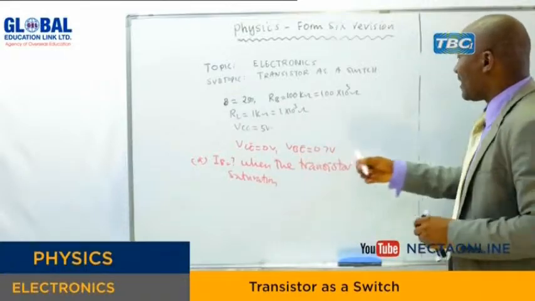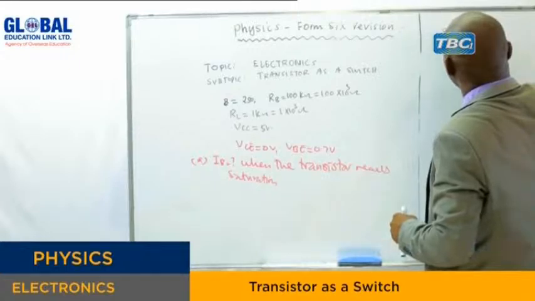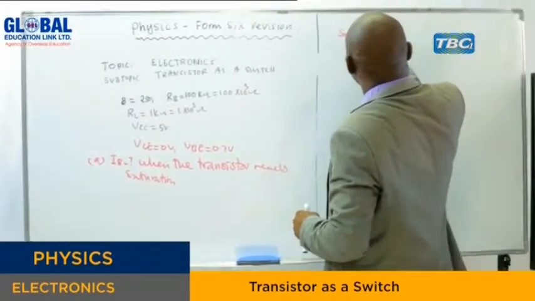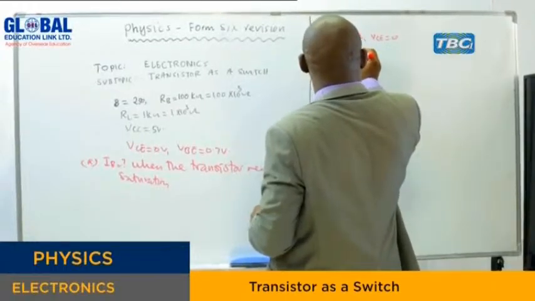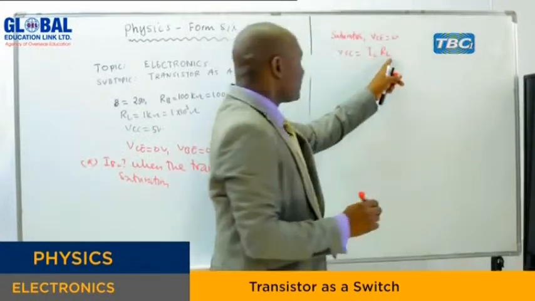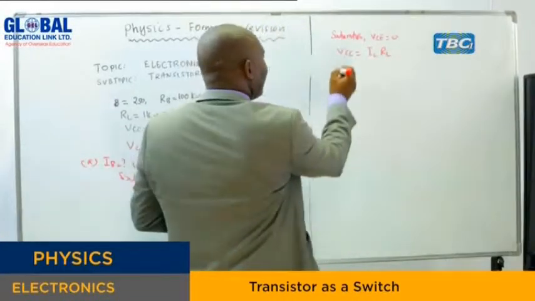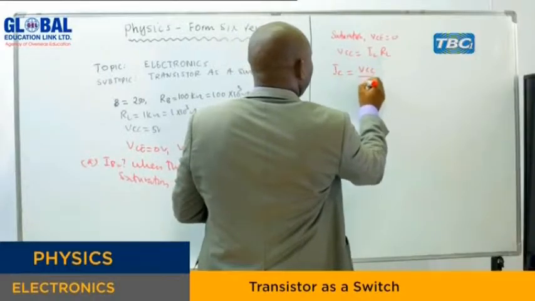At saturation, VCE is 0. Then VCC, most of the voltage across the resistance, will be equal to the supply voltage. So you can find the maximum collector current, given by VCC over RL.